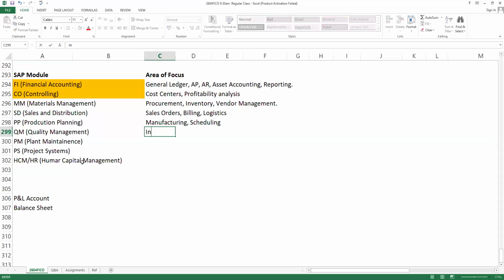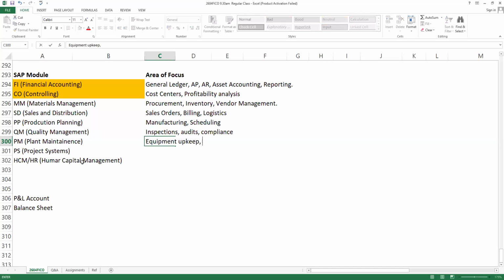They will record everything in one ERP system, they should not use any other software. Inspections, audits, and they will follow the compliance. Plant maintenance deals with equipment, upkeep, timely maintenance.